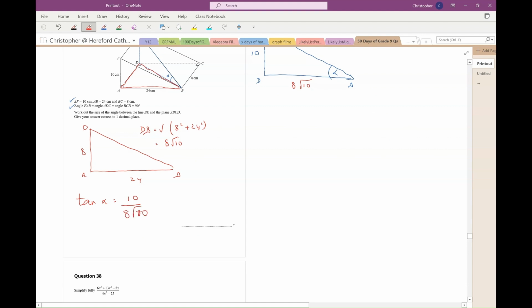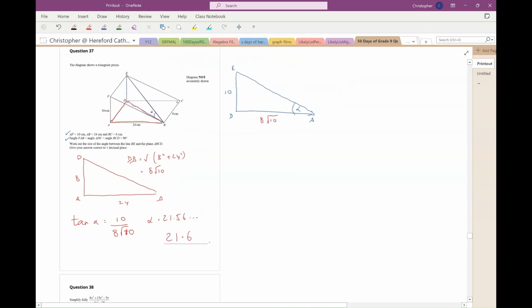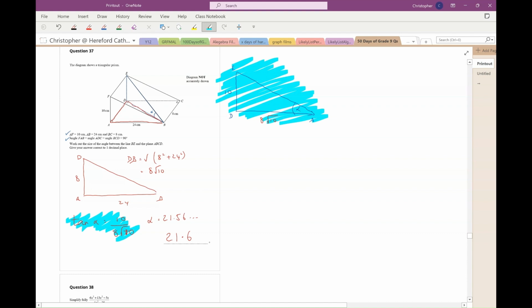On my calculator, I use the fraction 10 over 8 root 10, equals, shift tan, and I get alpha is 21.56, and so on. I'm asked for one decimal place, so 21.6. And when I was doing this bit here, I was using this right angled triangle here. So I hope that was okay for you. And that's question 37 finished.